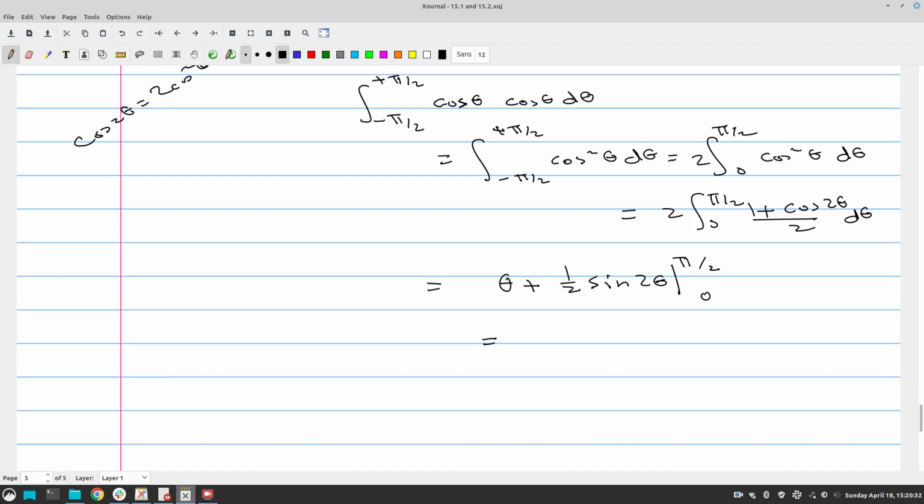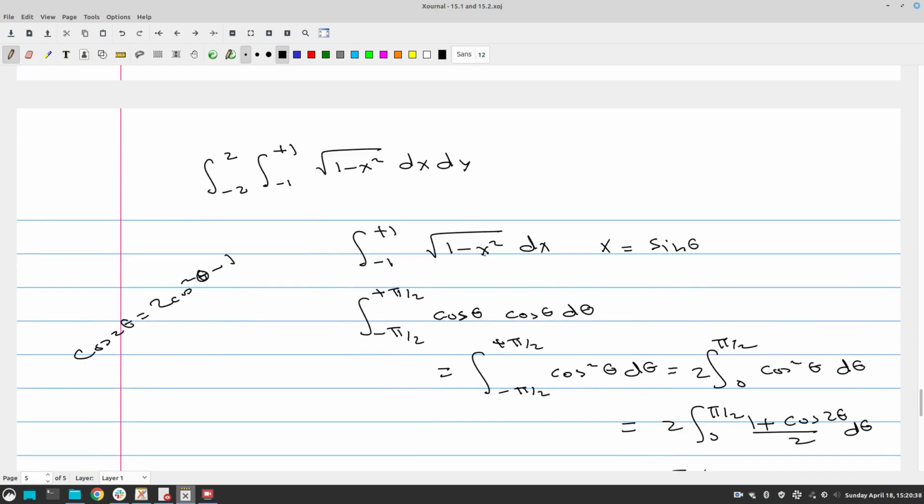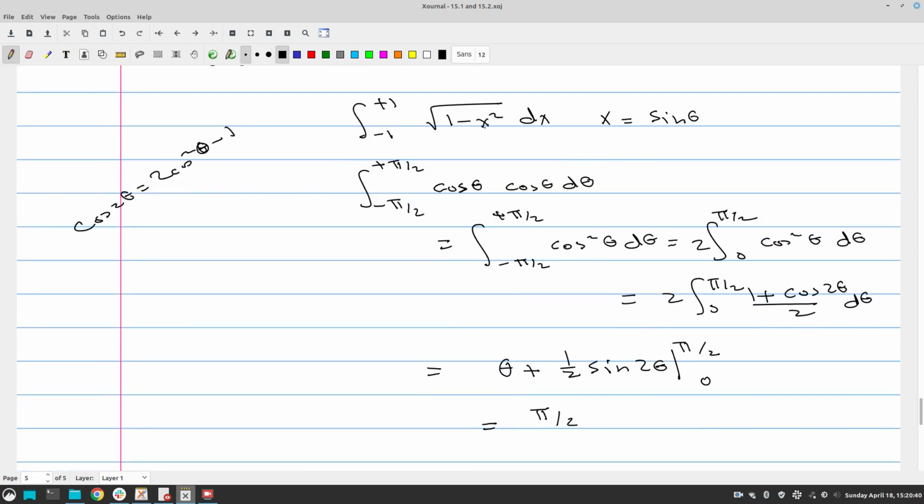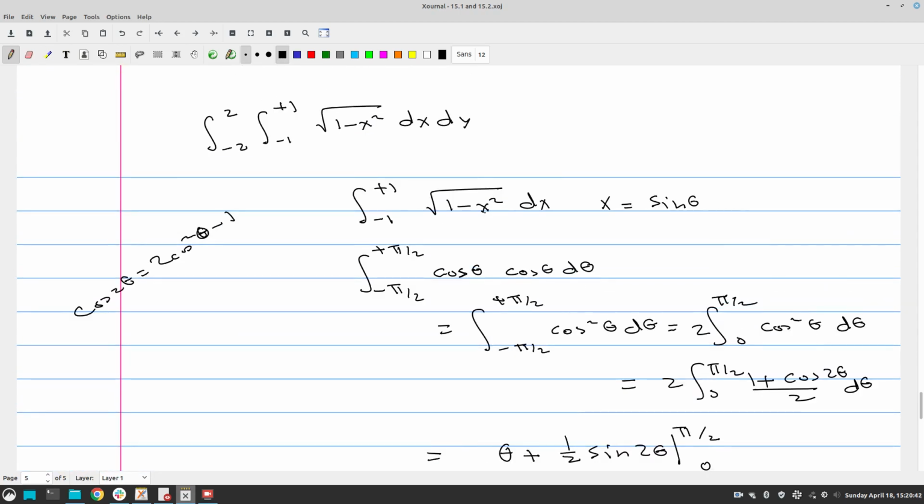And of course you get pi over 2, so this gives you pi. So this should then be equal to the integral from -2 to 2 of pi dy.